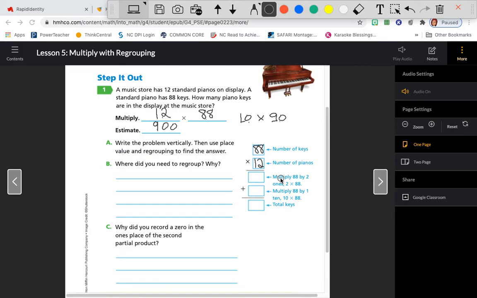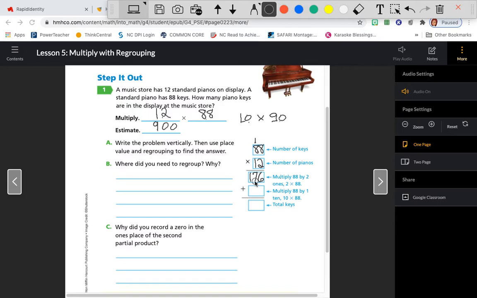So we're going to say 8 times 2, that's 16. So I'm going to write a 6 in the ones place. I have to carry the 1 over to the tens. Then I'm going to multiply again and say 8 times 2 is 16, plus that 1 more is 17. So I'm going to write my 17, and I got 176 by multiplying 2 times 88.